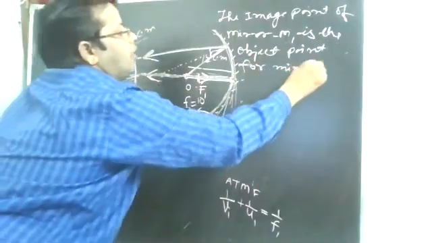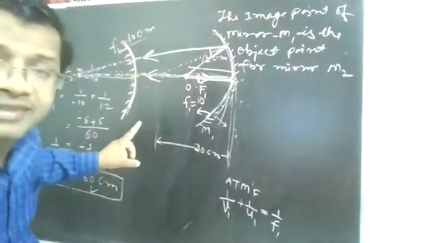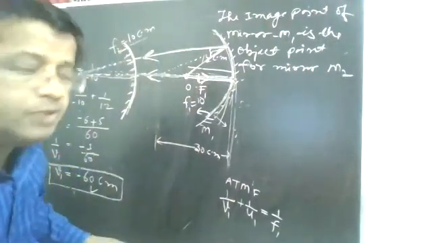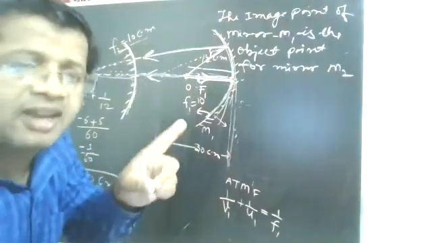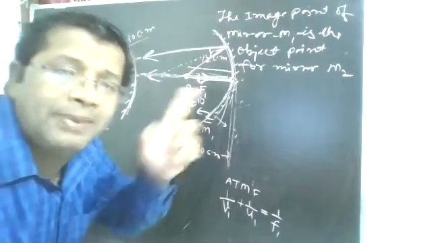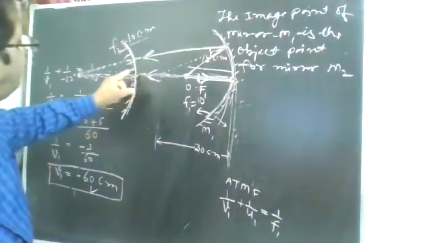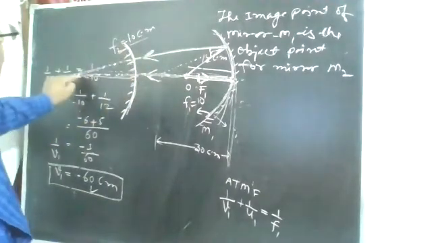Why object? Because in the previous class I have already taught you that an object is a point where two incident rays cut, if they cut, it is a real object, or where they appear to cut. Here the incident rays appear to cut. So that's why for this mirror, this is the object.